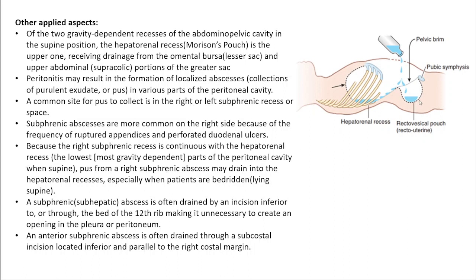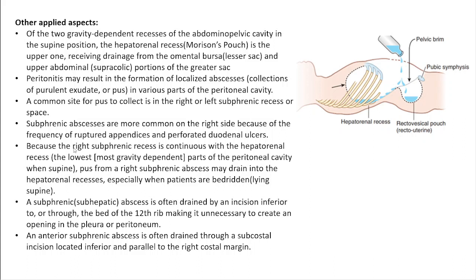So if the patient is lying supine, from the right iliac fossa the infection can gravitate downwards and backwards into the hepatorenal pouch. That is why infections of the right subhepatic space are more common, because of ruptured appendices or perforated duodenal ulcers.